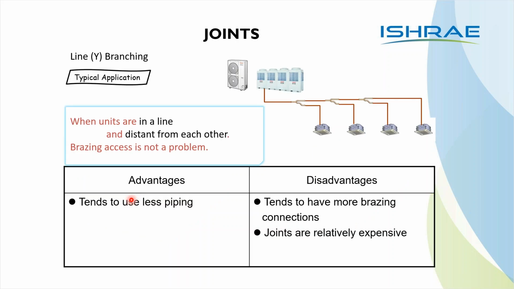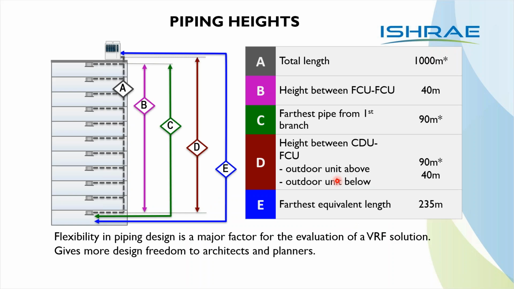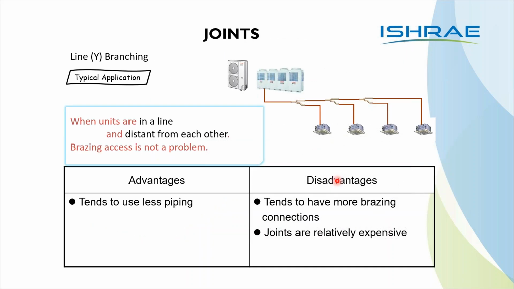So joints, generally known as Y joints, have the advantage that they tend to use lesser piping. The difference between a Y joint and a header joint is that a Y joint has just one brazing, whereas if you go back to the header joint here, you have 4 brazings. The more the brazing, the more the chances of leak.